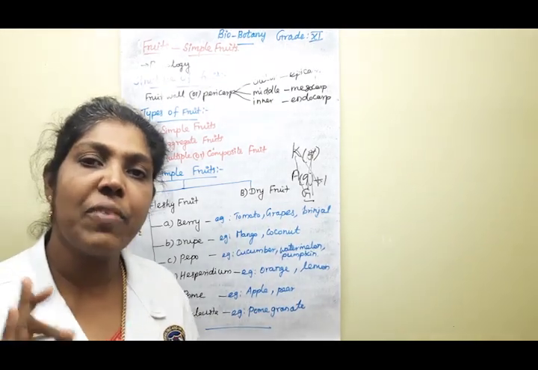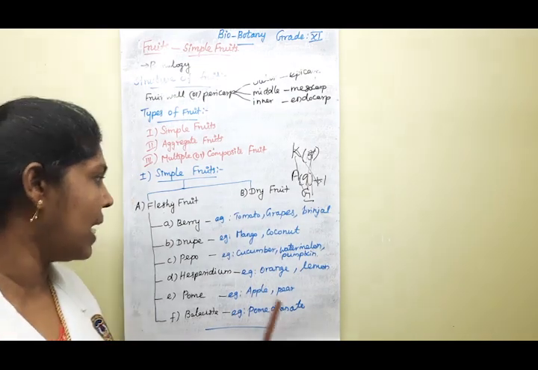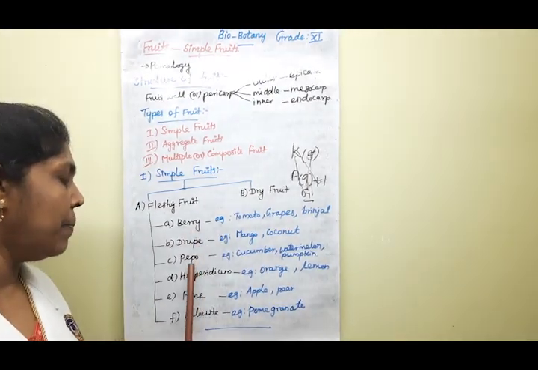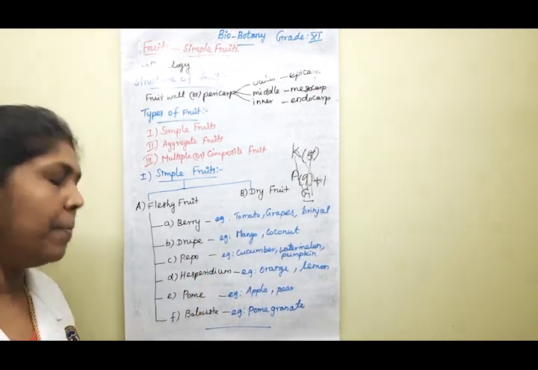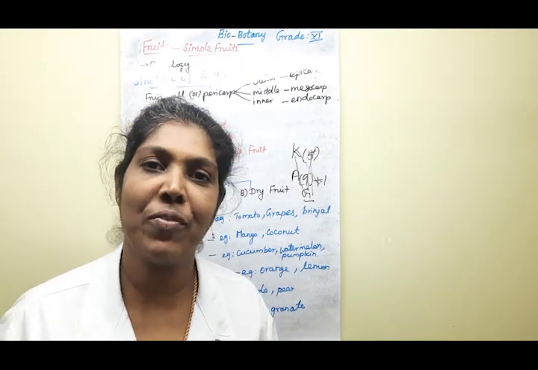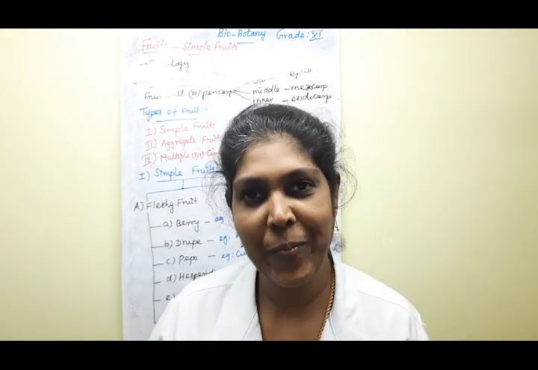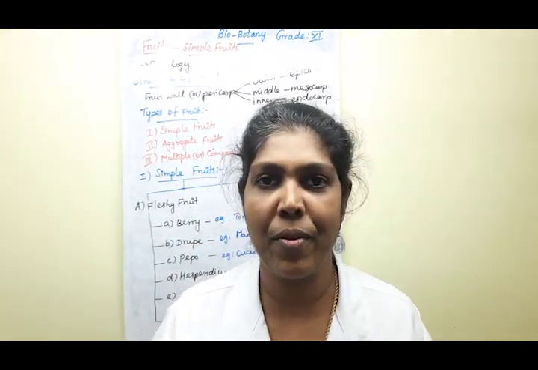This fleshy type of fruit comes under 6 types, children. First one berry type, drupe type, pepper type, Hesperidium, pome and balausta. What are the 6 types of the fleshy fruit? Can you say them, children? Say yes or no? Yes. Very good. Try it one by one.